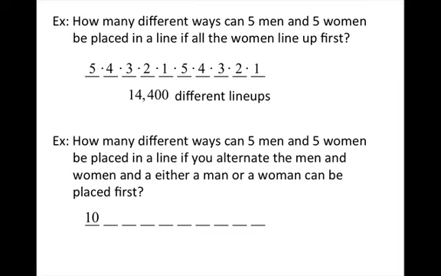Now let's consider the second position. It's either going to be a man or a woman. I don't know who I put first. I don't know if I put a man or a woman first. But for my second position, it's going to be someone of the opposite gender. And I haven't used that gender, so I have all 5 options left.